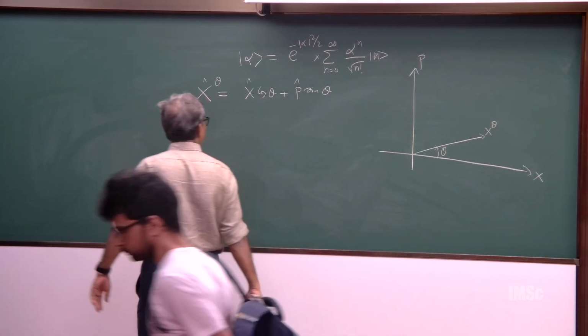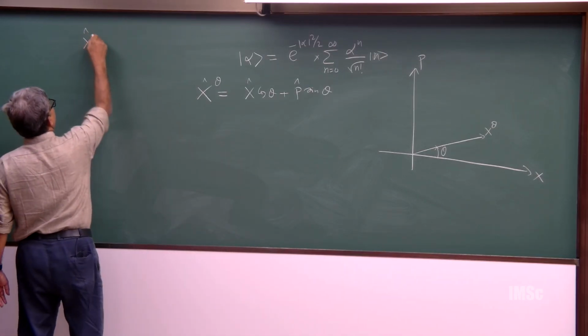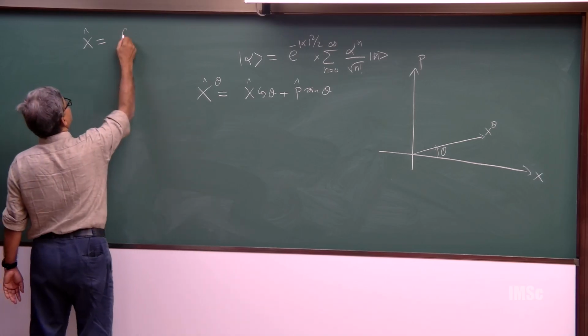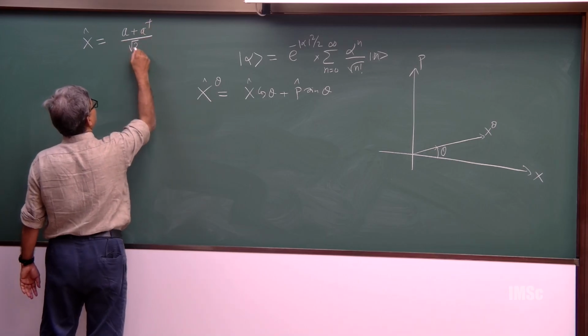Okay. So, here these quadrature operators, as we know, are written in terms of the annihilation and creation operators: x is a plus a dagger by root 2.